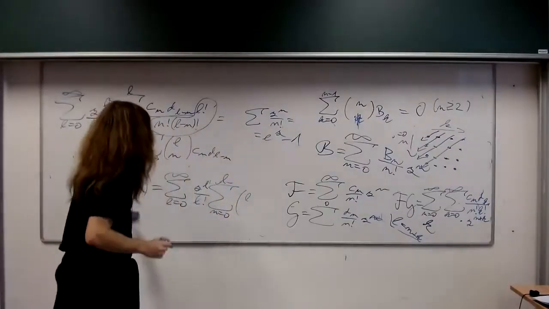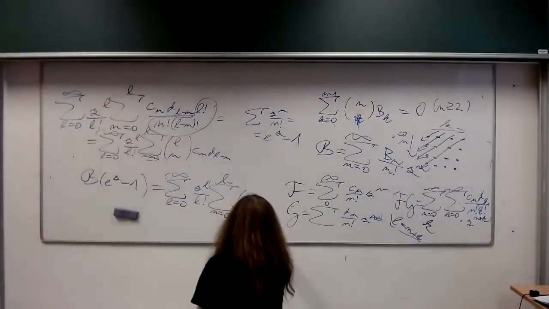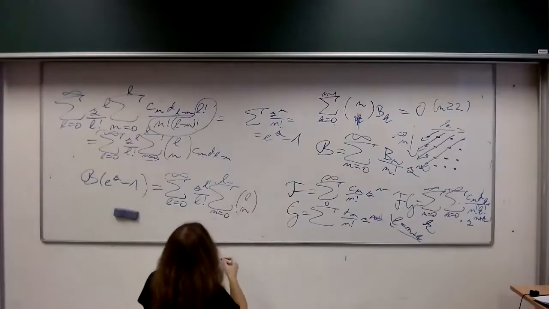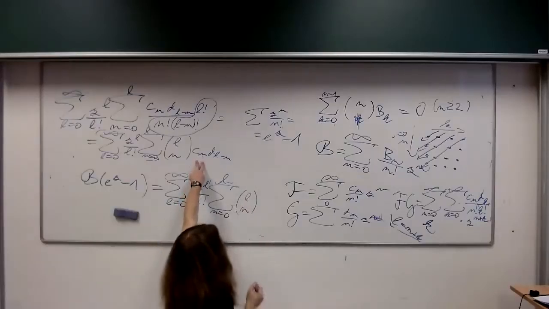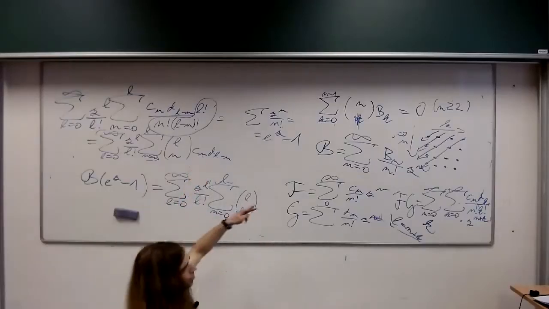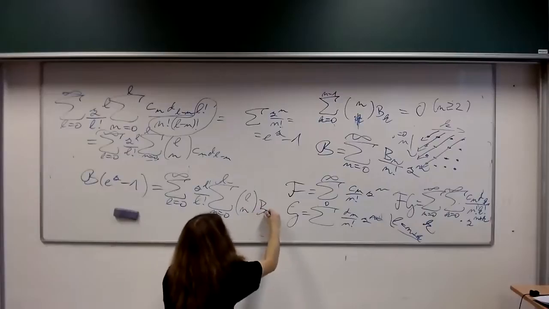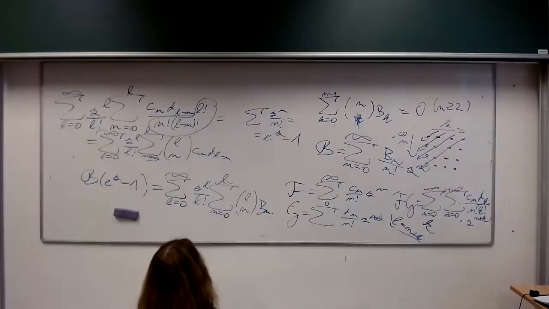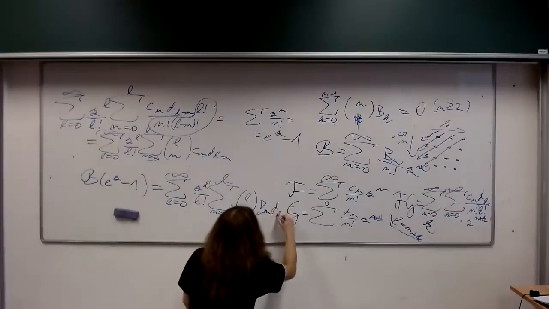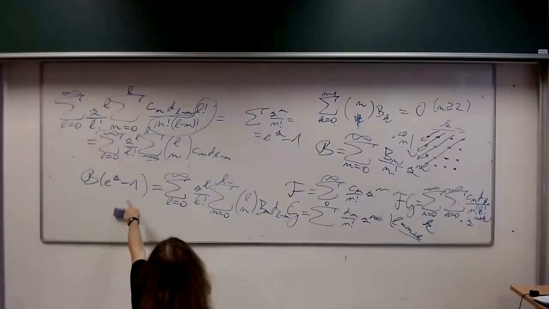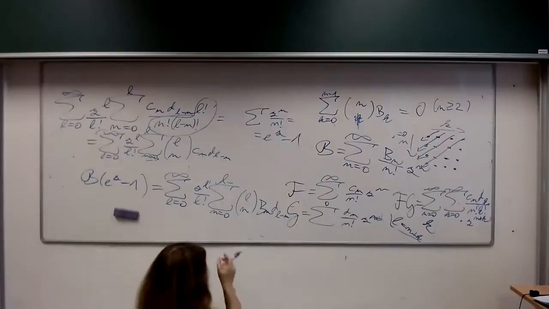L, of course. And so here we have L choose n. The C's, let's say they are coming from the generating function, so we get the B n in here. And then the D L minus n is coming from the e to the z minus 1.